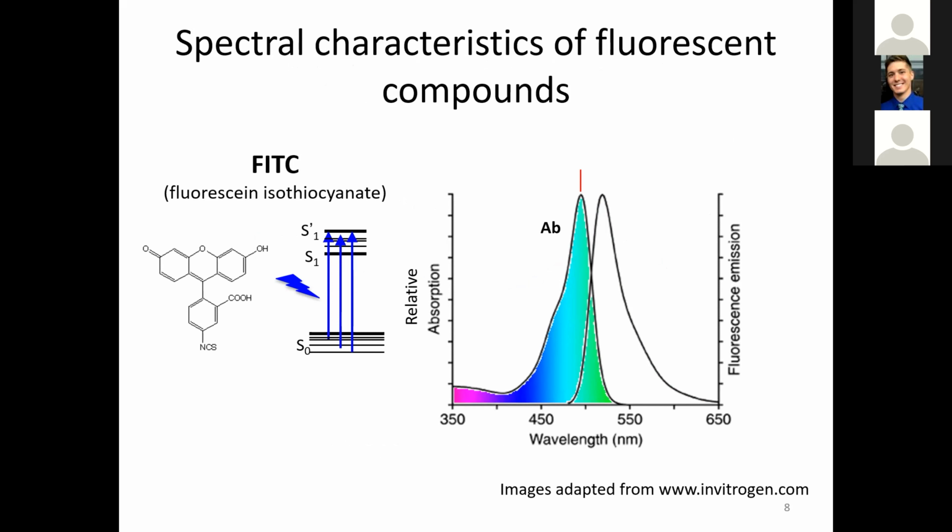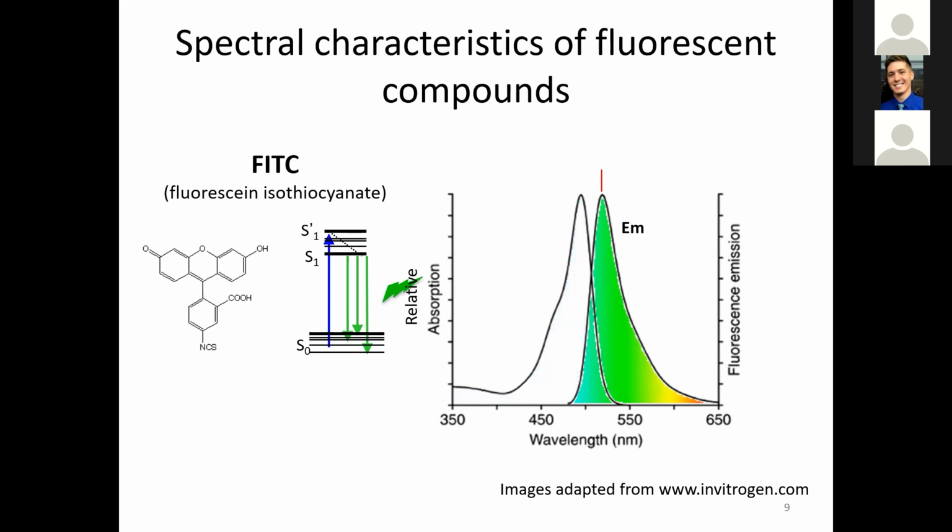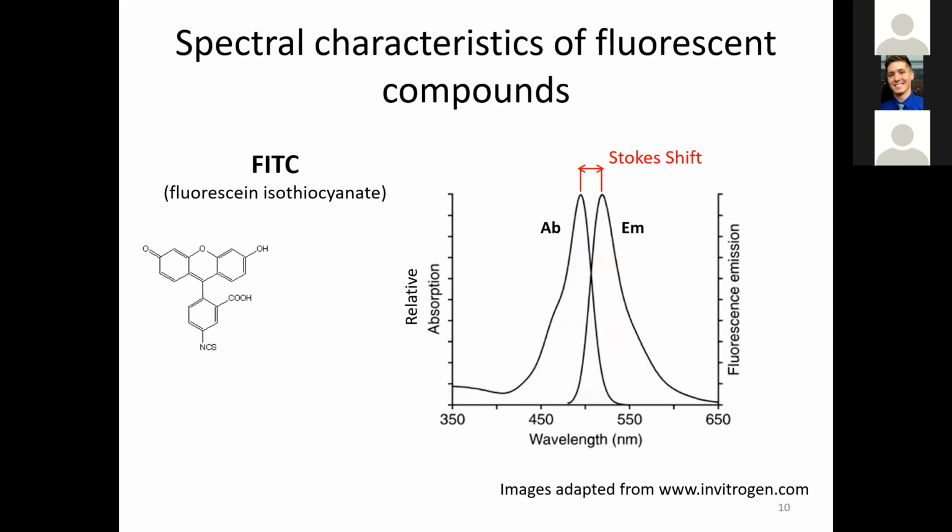It has an absorbance spectrum and an emission spectrum. FITC is maximally excited at 488, and it maximally emits at around 525. That difference is what we call the Stokes shift. And so when we're looking at our microscope and how we're exciting and how we're catching those emitted photons, we want to make sure that we're doing so maximally.